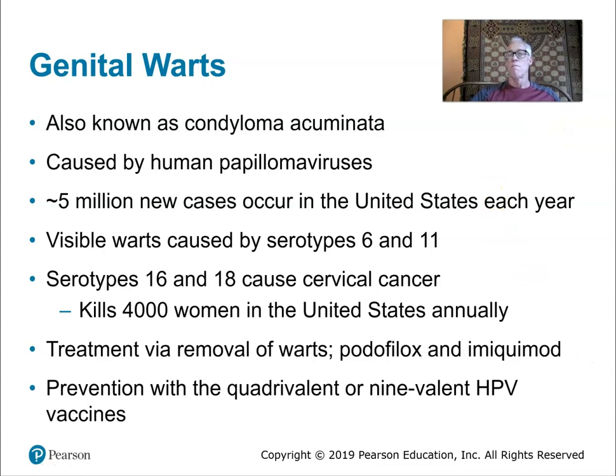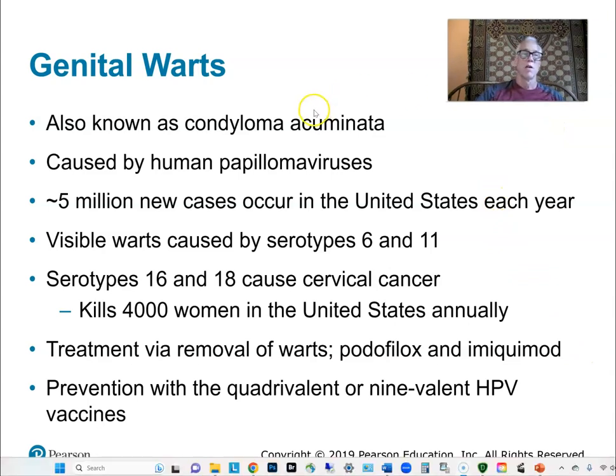Genital warts. Now, there's another virus that causes problems, and that is human papilloma viruses instead of human herpes viruses. Papilloma viruses have about 35 or 40 different serotypes, and different ones cause different diseases.